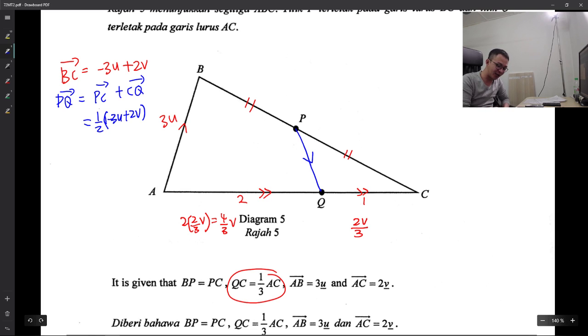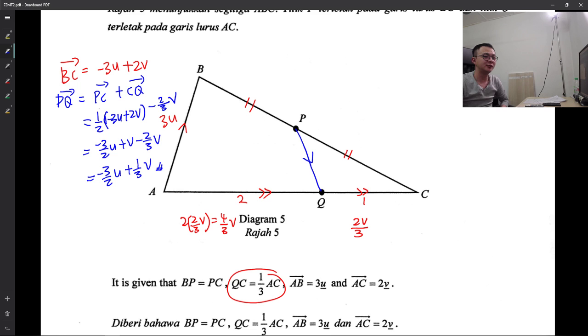Just now this one was in this direction, the other direction will be -2/3 v. So I solve this: -3/2 u plus v minus 2/3 v, so it will be -3/2 u plus 1/3 v. This is how I get PQ.